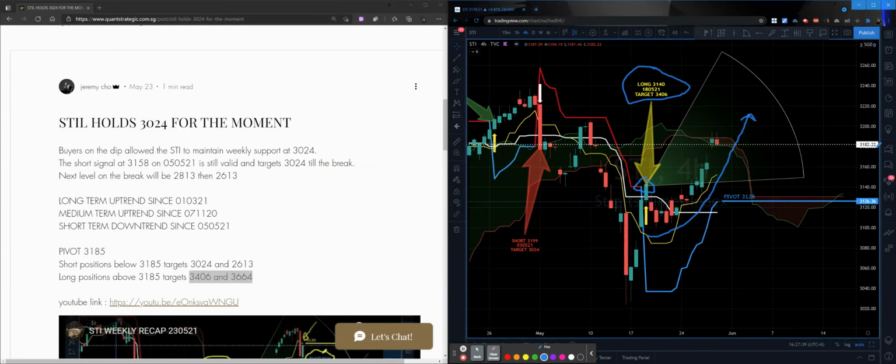Now we are ending at 3182. You made 40 points on the STI. So essentially watch for the shorter term 4-hourly charts, because this short term 4-hourly chart is on an uptrend and gives you a little bit of pre-exposure as to what the daily, weekly charts and the monthly charts will be doing.